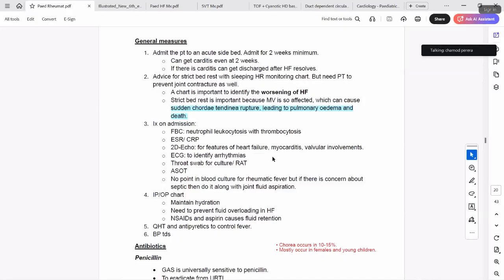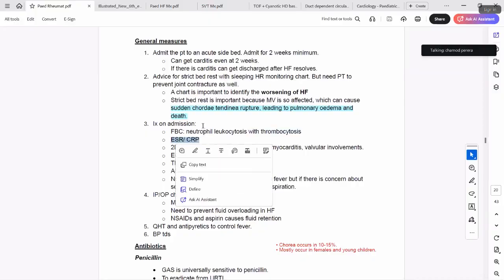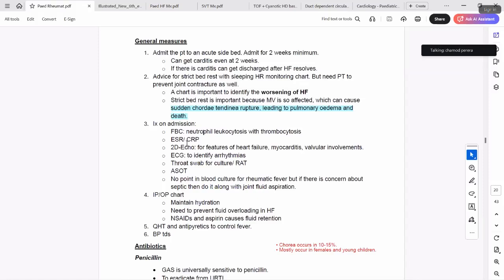Right. The other investigations that you need to order would be the full blood count, because usually they will have a neutrophil leukocytosis, and a thrombocytosis will also be there in these patients. ESR, CRP, again, that were present in the minor diagnostic criteria of rheumatic fever, and you will also need to do the echo, as I mentioned earlier, and ECG, because again the PR interval monitoring is a minor diagnostic criterion.